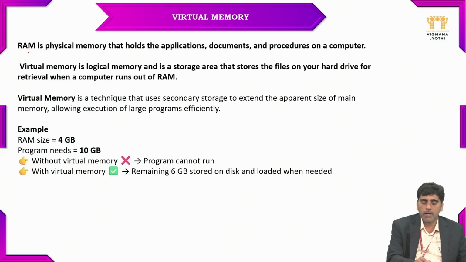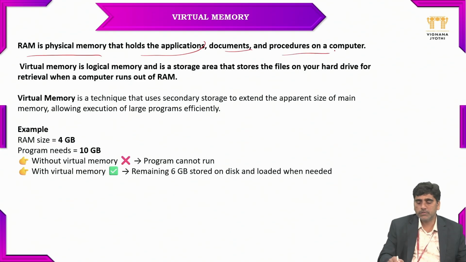RAM is a physical memory that holds the applications, documents and procedures on a computer, always for executing them. And virtual memory is a logical memory, a storage area that stores the files on your hard drive for retrieval when a computer runs out of RAM.